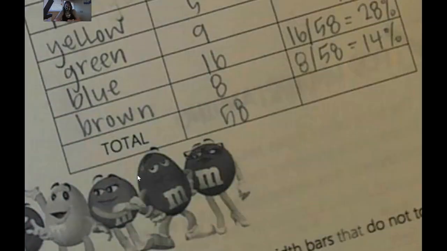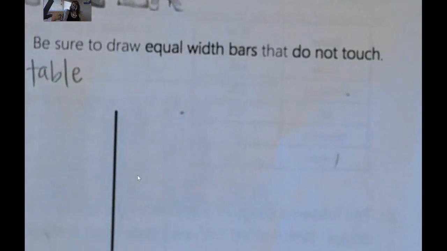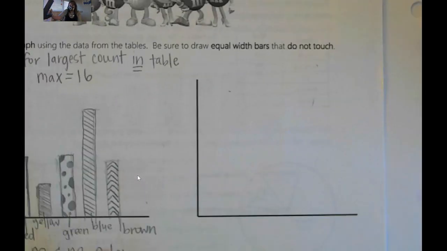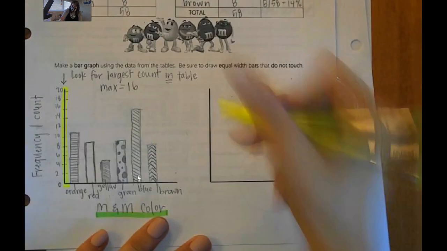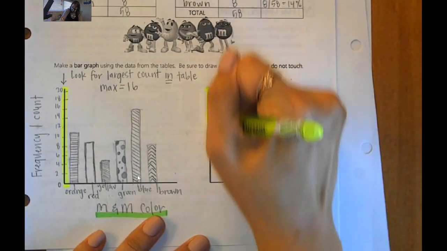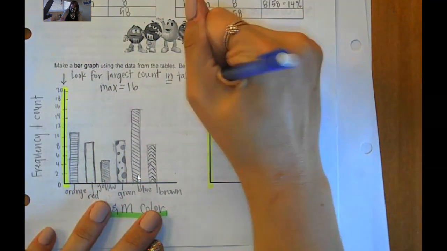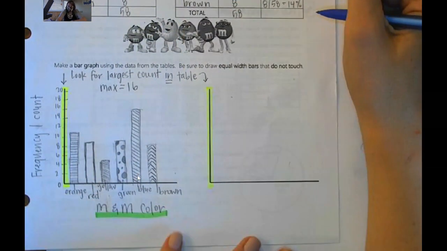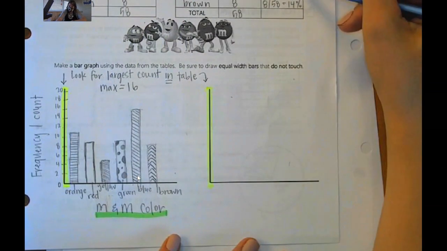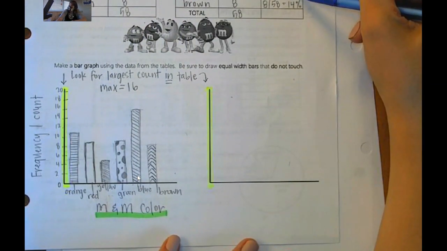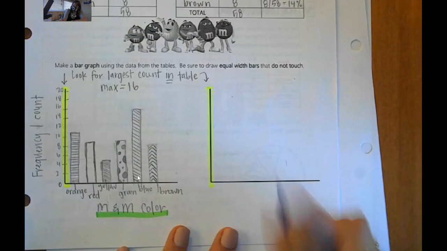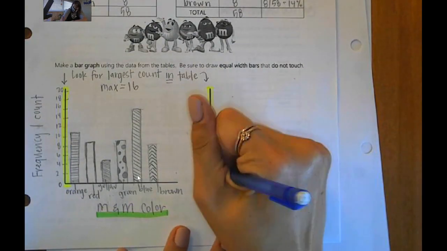Okay, so once again, I'm gonna highlight my y-axis because I'm gonna scale it based off of the biggest percent in my table. So I'm gonna highlight it yellow again, just to remind myself that that's how I decide to scale. So my biggest is 28. So I think I'm gonna go by 5s because I'm gonna try to get all the way up to 30.